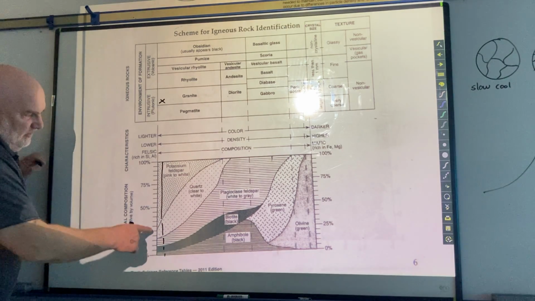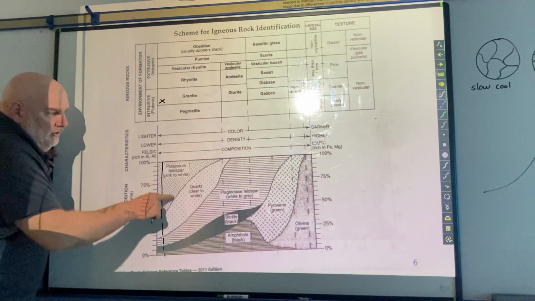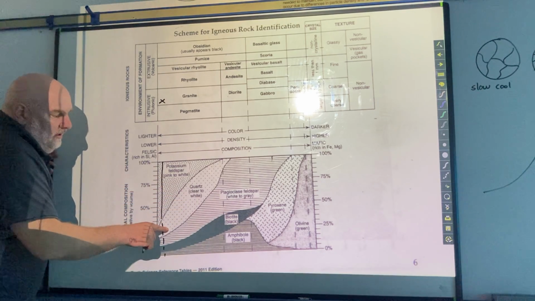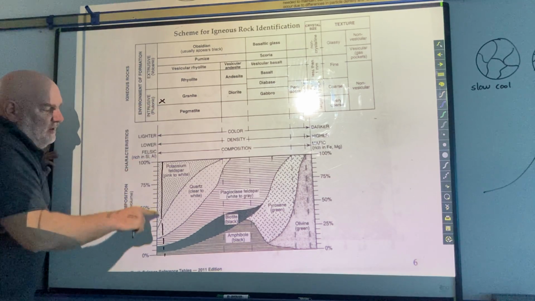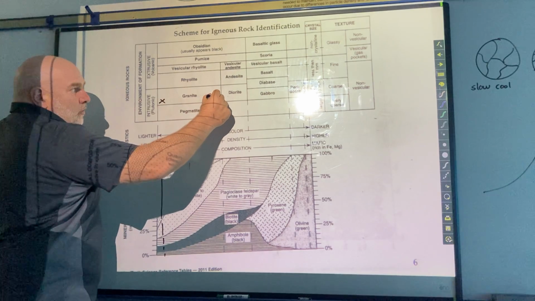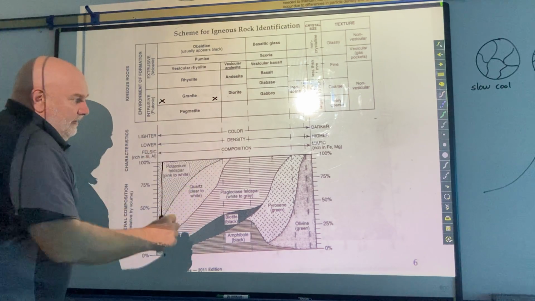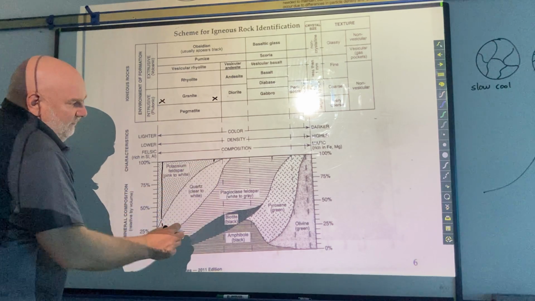So it's like 70% potassium feldspar, which is white to pink in color. Quartz is clear to white in color. So granite over here on the chart would be a very, very light colored granite. Whereas a granite over here on the chart is still granite, but if I come down, it's only going to have a small amount of potassium feldspar.